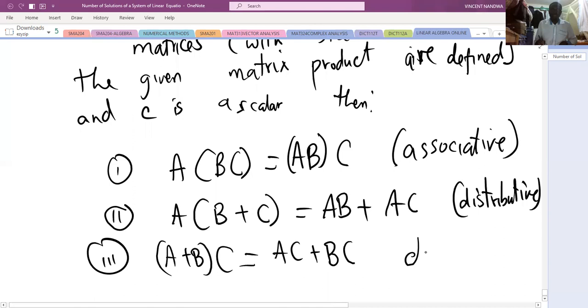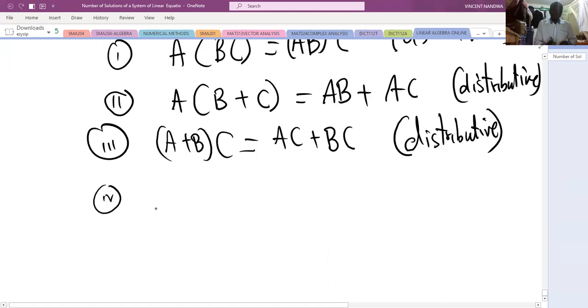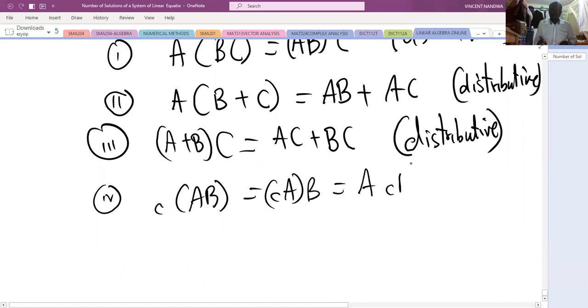This is still distributive. And then number 4, C times AB is given by CA times B, which is A times CB. So scalar multiplication.